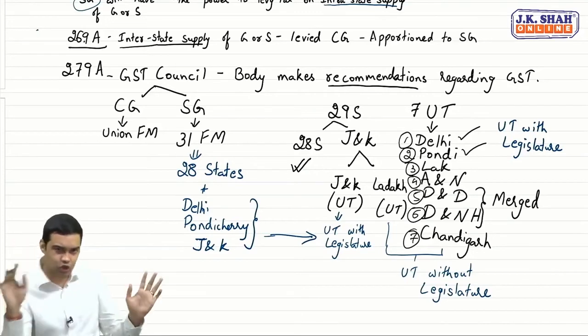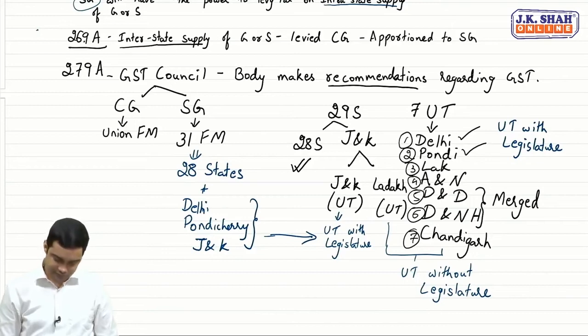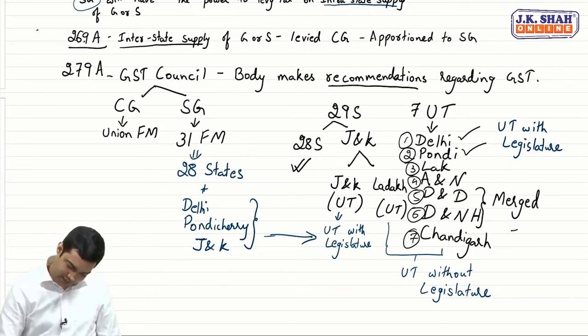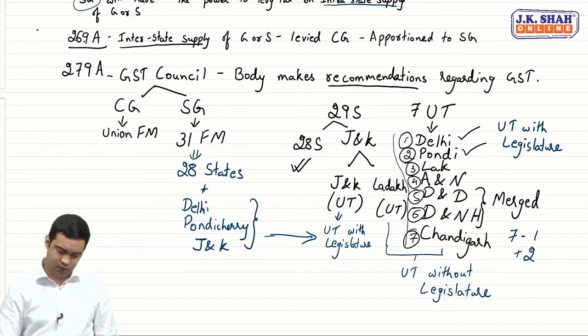So if you were to total everything, what's the total? We have 28 states, and one has got merged here, so 7 minus 1 plus 2.